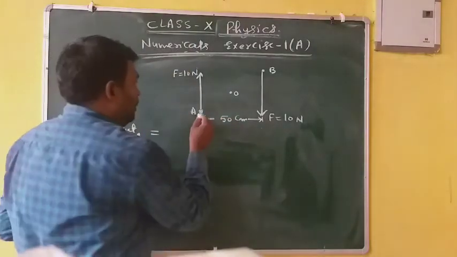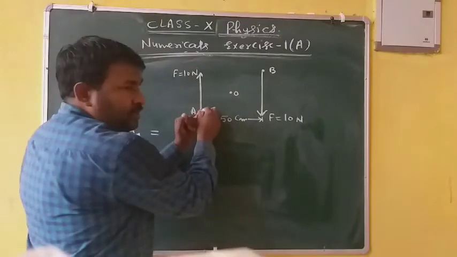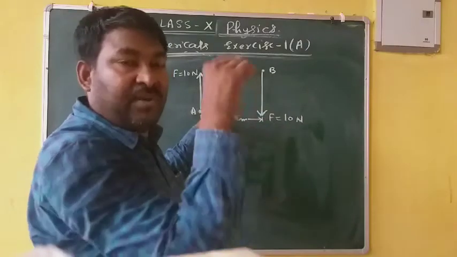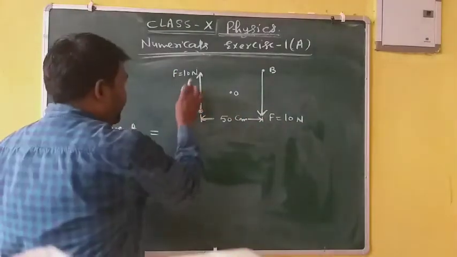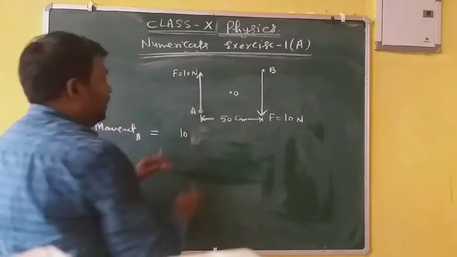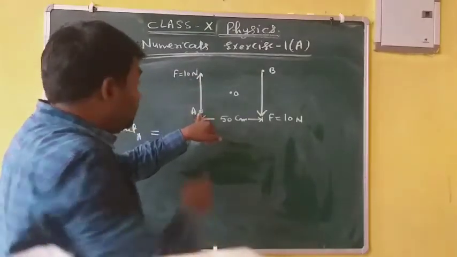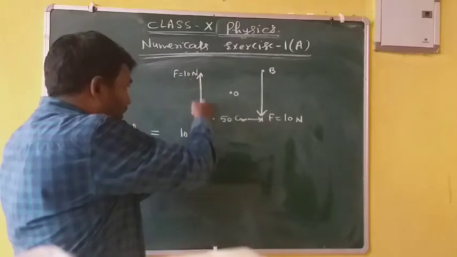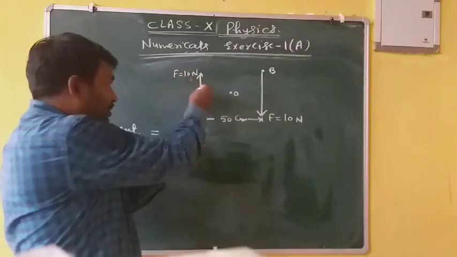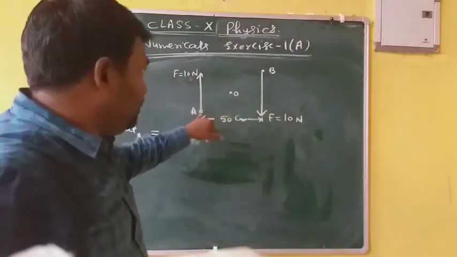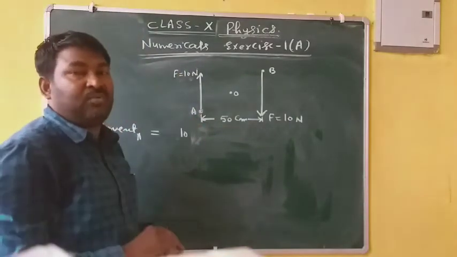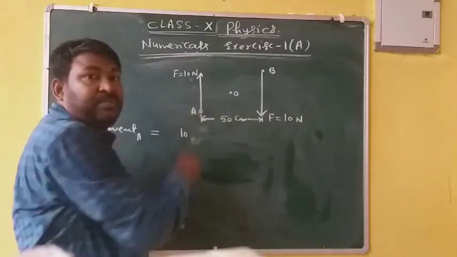If you have to find the moment about A, for all the forces you have to take the perpendicular distance from this point A. So the moment of this 10 Newton force from this A: since this force is passing through A, the line of action of this 10 Newton force is the same, or in other words, point A lies on this line. That's why the perpendicular distance of this force from this point will be 0.